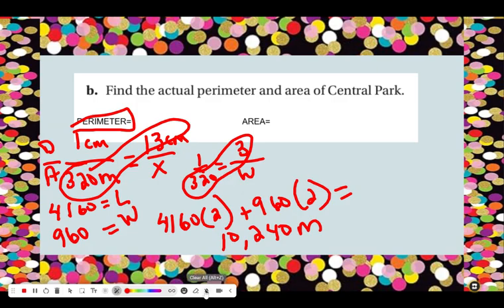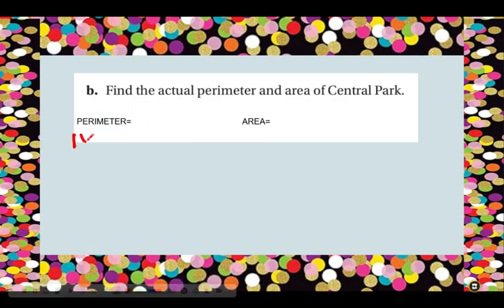Okay, so let me clear this. We found 10,240 meters. Now let's look at the area. We just need to take the numbers that we found before for our length and width. My length, as you recall, I got 4,160, and my width, we got 960.